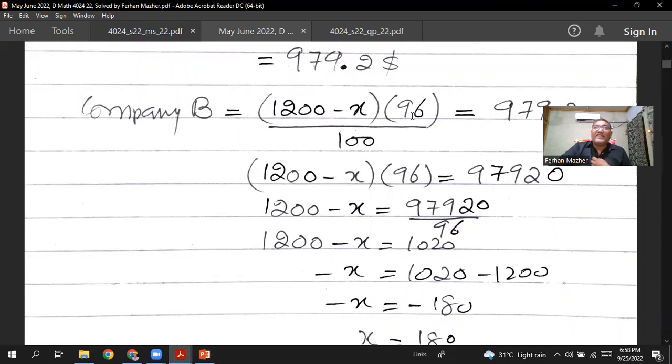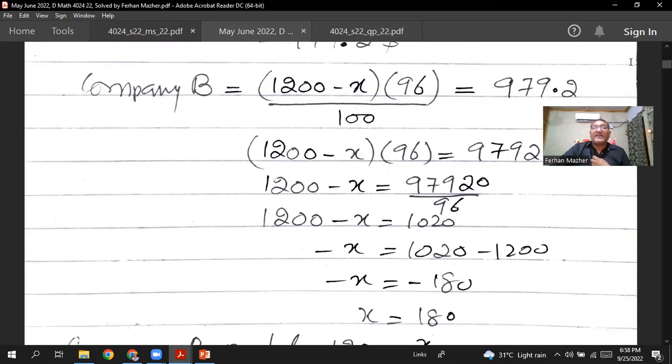Each letter costs 96 cents. Divide by 100 to convert it into dollars, and the bill will be $979.2. This 100 is to convert this into dollars.